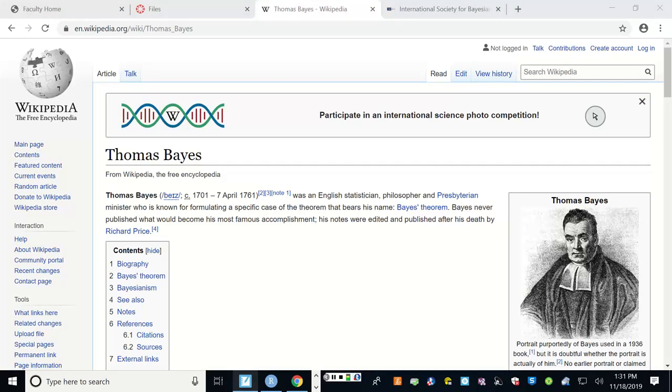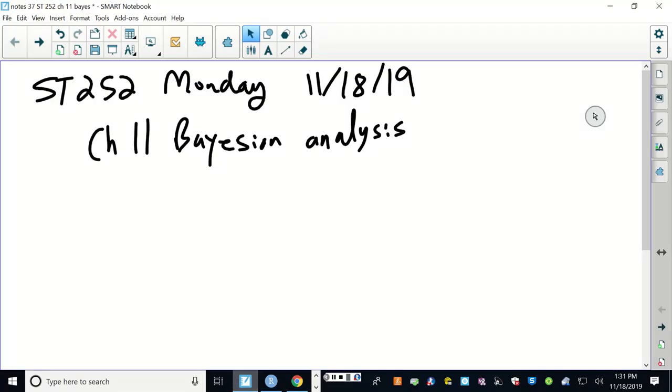So today we're going to start chapter 11, talk about Bayesian analysis. One goal of this class of mathematical statistics is to look at different ways you can take data and then do inference about things and produce knowledge. We've done hypothesis testing, confidence intervals, and some other procedures.